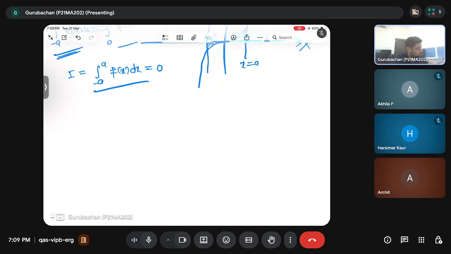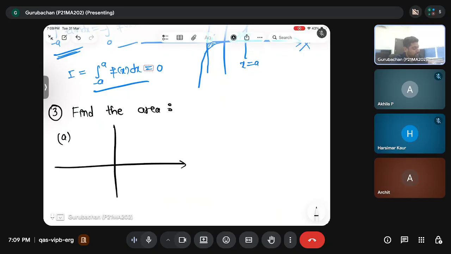Now let us move to how to find the area between the curves. First of all, the area, and then we will see what the difference is for area between the curves. So first you have to find the shaded area in these three shaded areas.